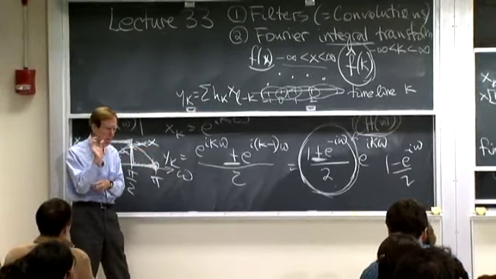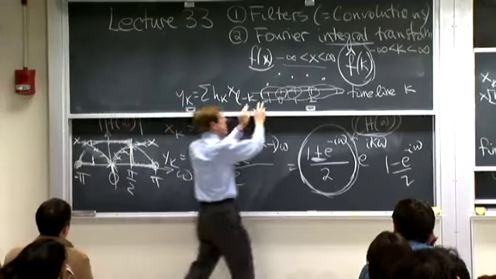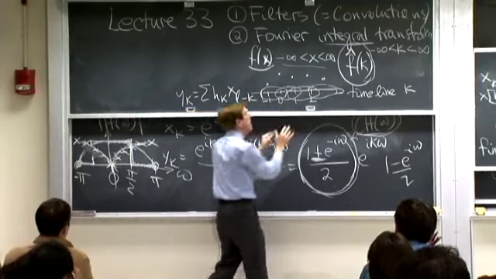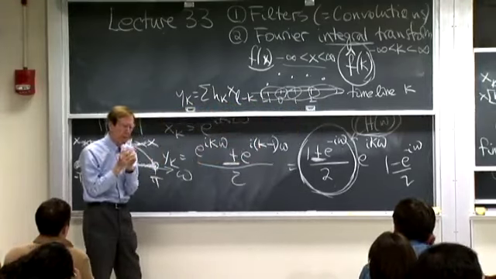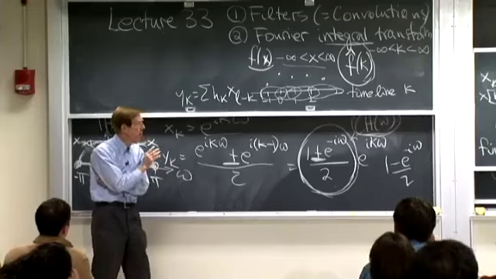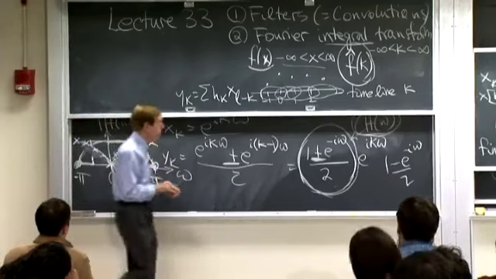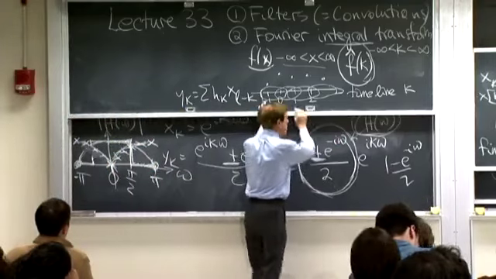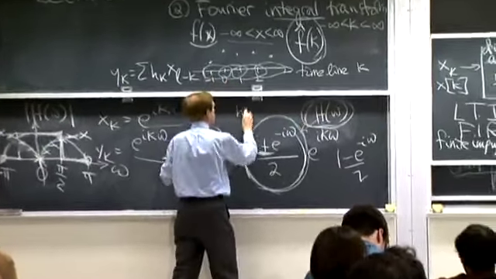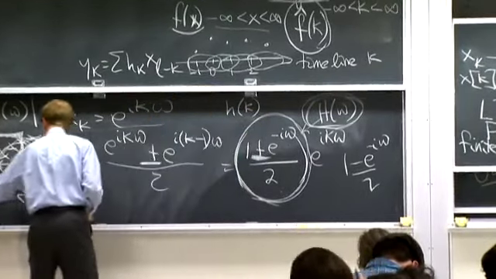I think that image of convolution, this window moving along, is a little bit vague, but it's quite meaningful. And then the other final thing I'll say about filters is this: what's the connection between H of omega and h of k, or h sub k?